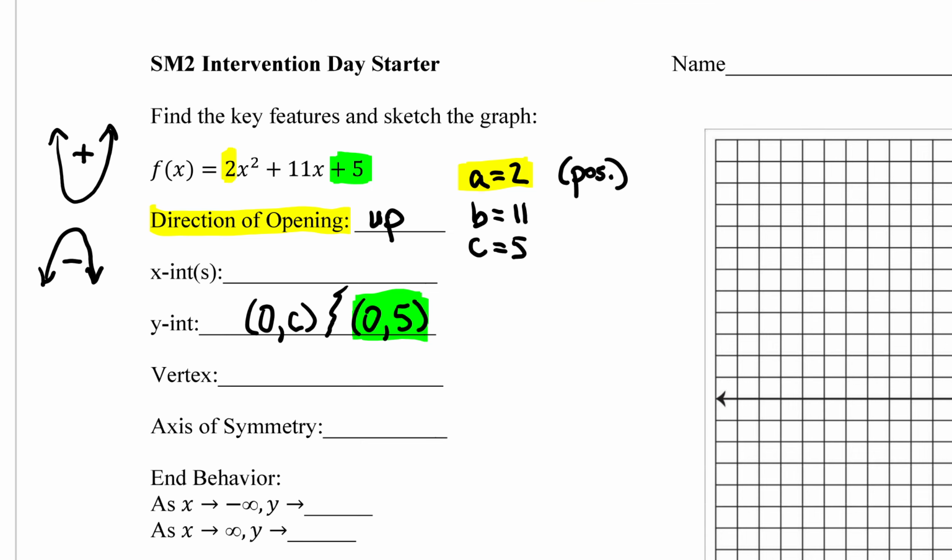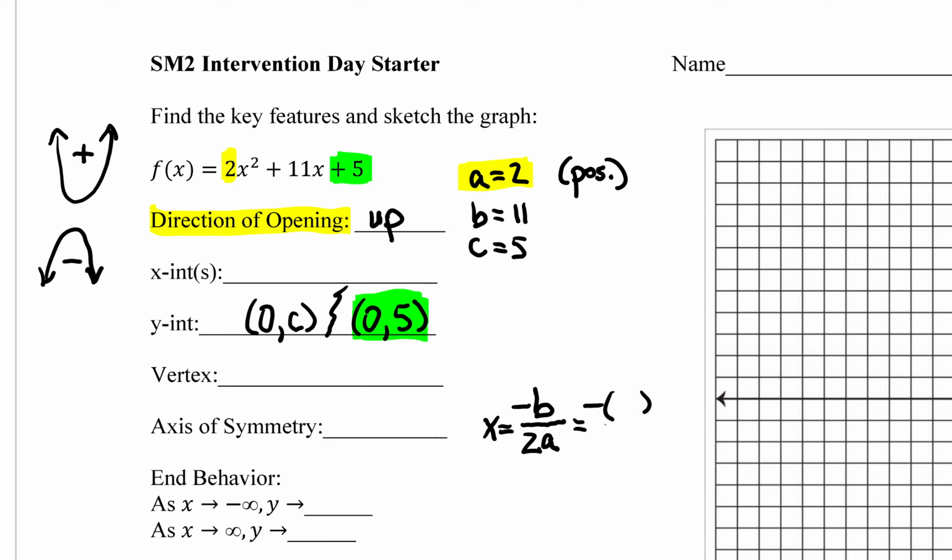And then our vertex. Actually, we're going to do the axis of symmetry first. Remember here that we got a whole song about this. X equals negative B over 2A. And then we plug it in.